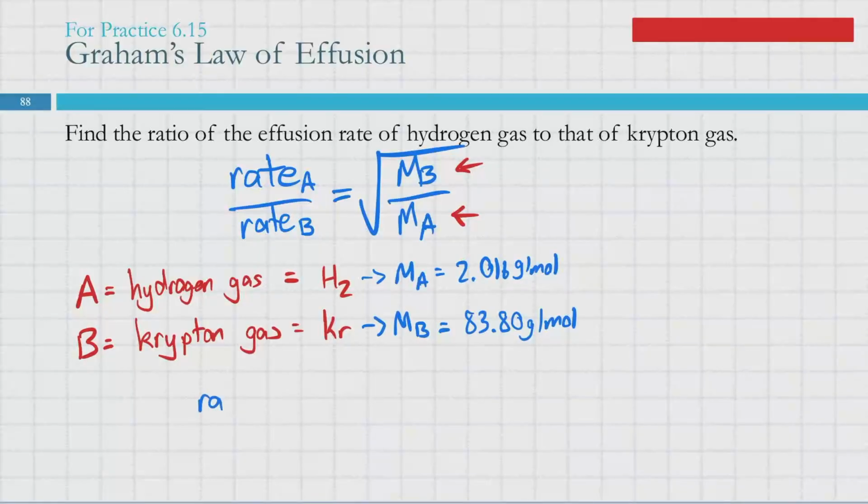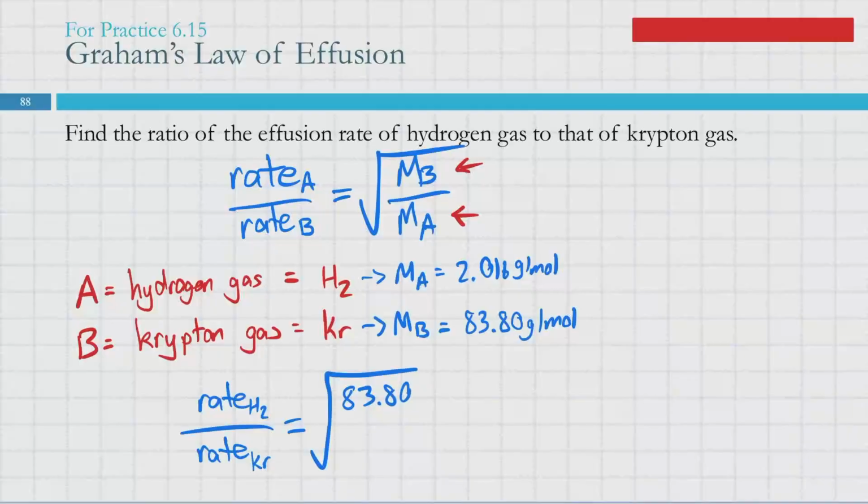So the rate of the hydrogen gas over the rate of the krypton gas, these are their effusion rates, is equal to the square root of 83.80 grams per mole over 2.016 grams per mole. When we do that division, the grams per moles cancel out.